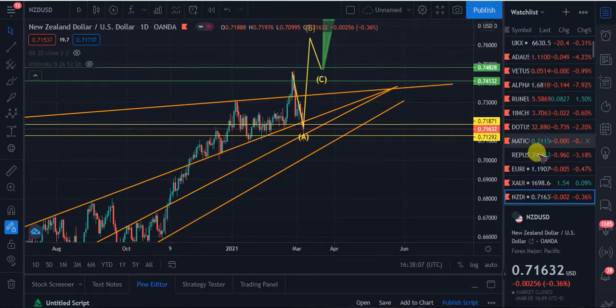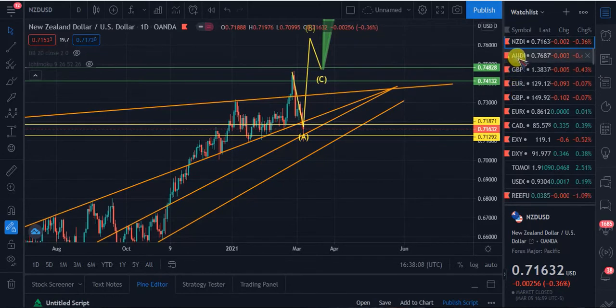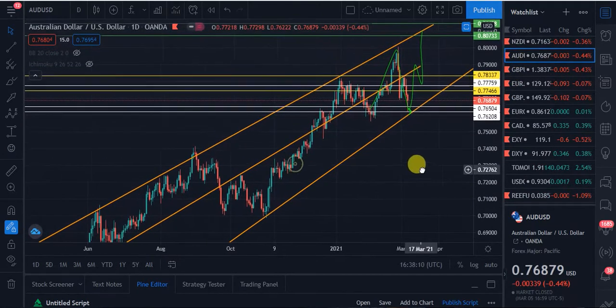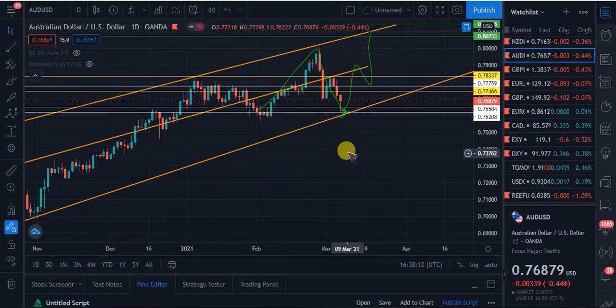So let's also check AUD USD. AUD USD is also currently at a support level, which before the end of this week gave us a good rejection from that particular support level. So I'm expecting AUD USD to buy this coming week.